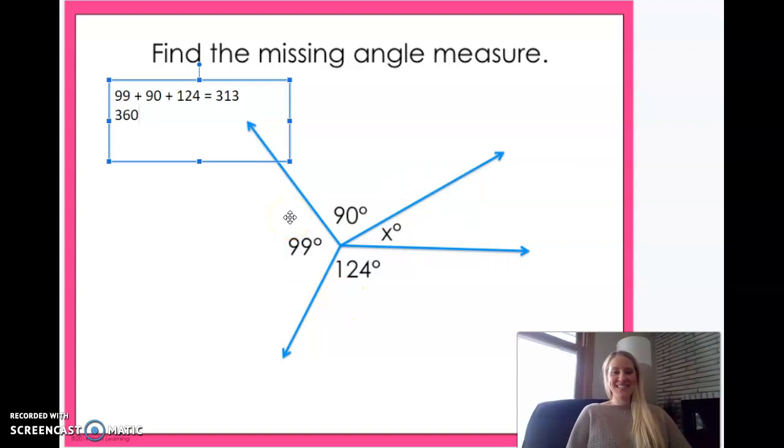So if we take 360 minus 313, that will give us our X angle here. And when we do that, X equals 47. So angle X equals 47 degrees. And to check your answer, you can add 47 back in to 313, and that does in fact equal 360.